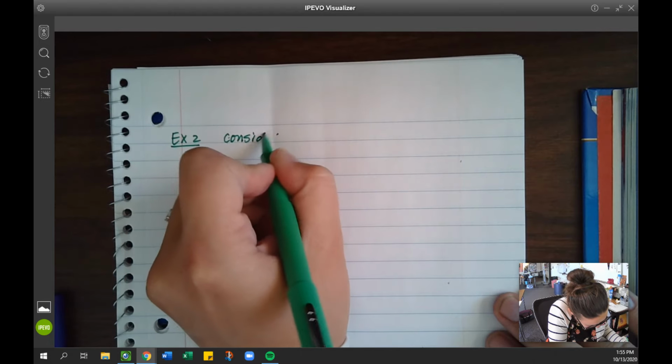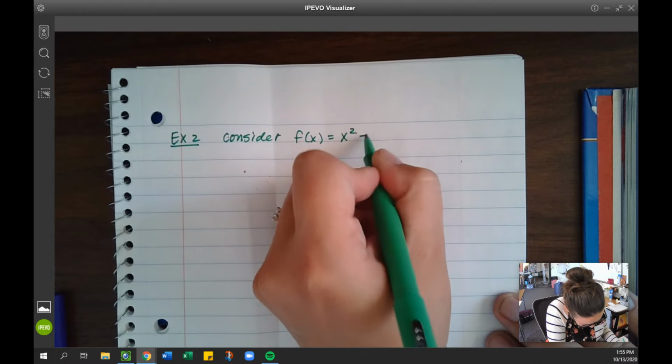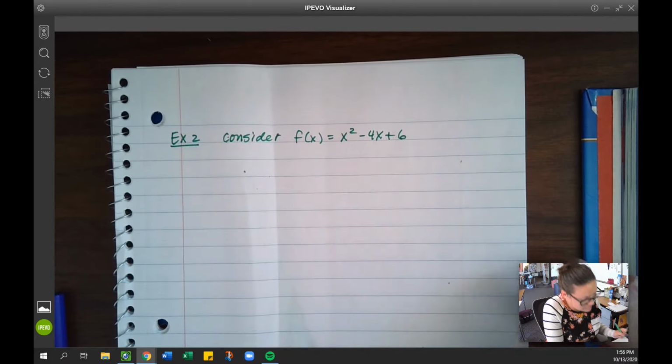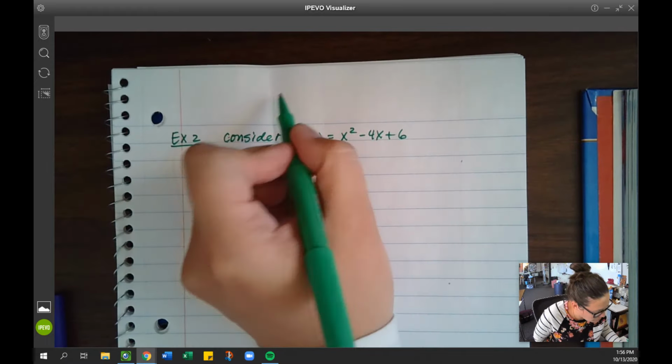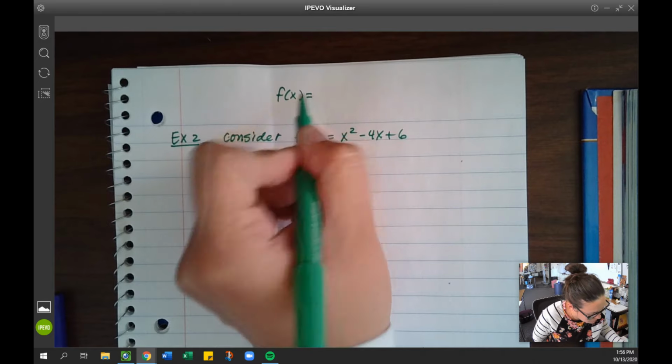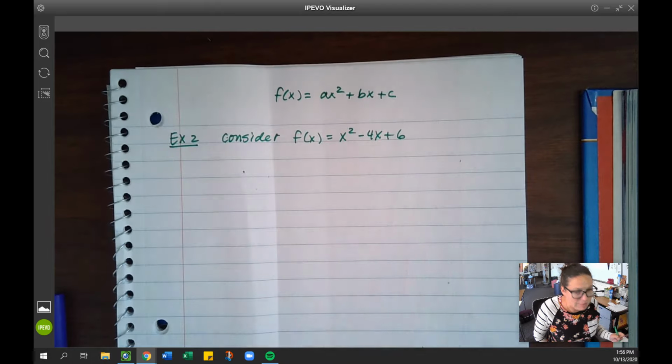Consider f of x equals x squared minus 4x plus 6. And we're going to do a bunch of things with this function. So the first thing I want to do is identify a, b, and c. So remember, our standard form is ax squared plus bx plus c.